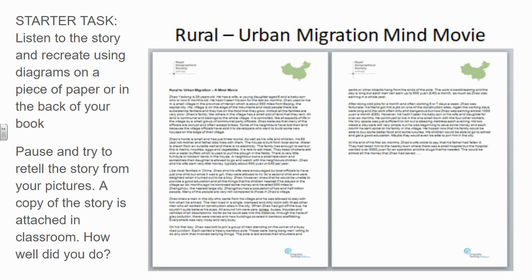Zhao's family, like others in the village, have a small plot of land that they rent. All land is controlled, like all aspects of life, by a small group of Communist Party officials. Zhao believes that many of them are corrupt and accept bribes. Some of his neighbours have lost their land because the village officials have sold it for new housing developments.